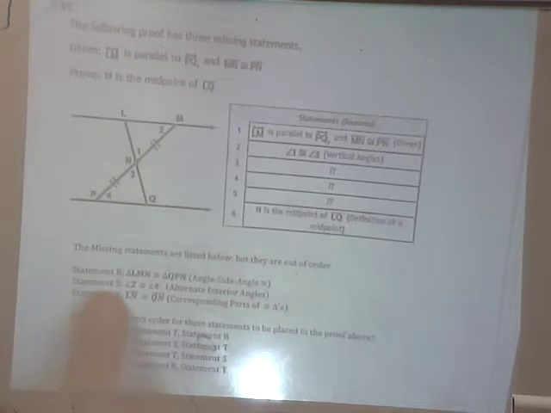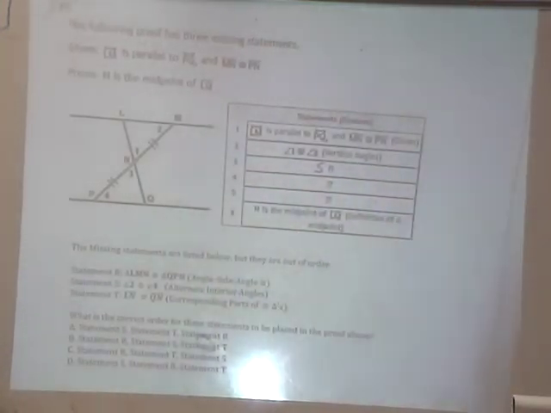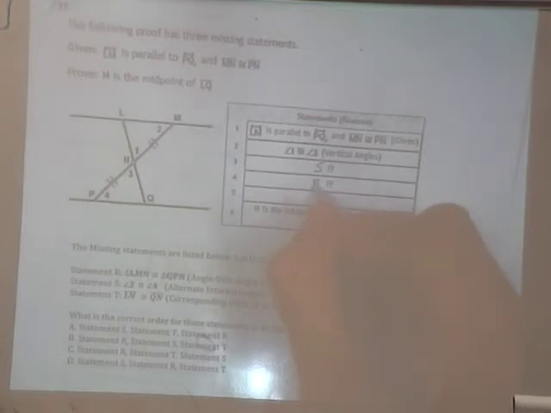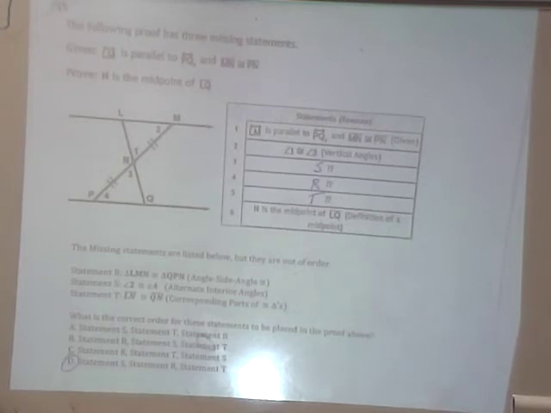And they use statement S to prove statement R. So 3 has to be S, 4 has to be R, and then T. So the answer is D. Any questions on 15? Okay.